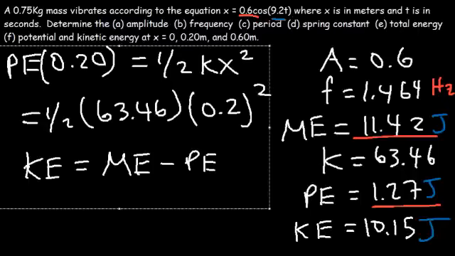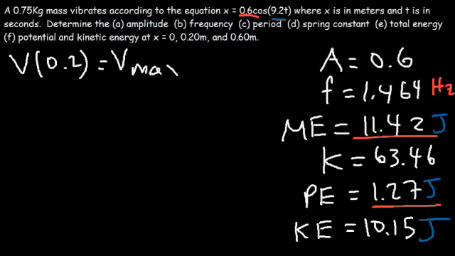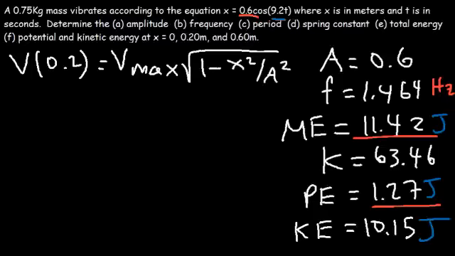Now let's use the long way to get the kinetic energy. Before we can find the kinetic energy, we need to use this equation. We've got to find the velocity at 0.2. So it's v max times the square root of 1 minus x squared divided by A squared. Now we've got to find v max first.